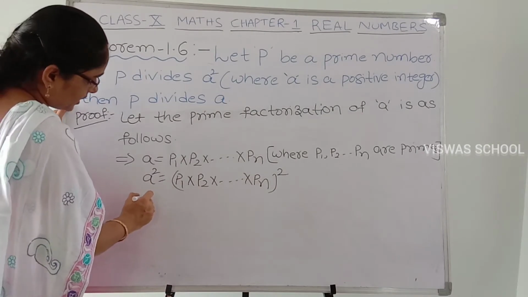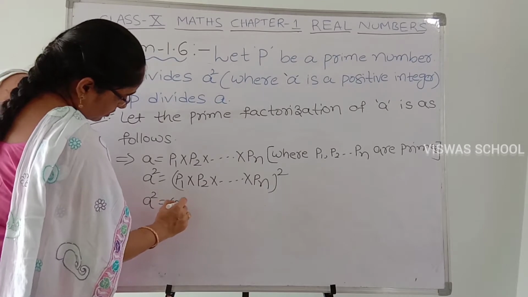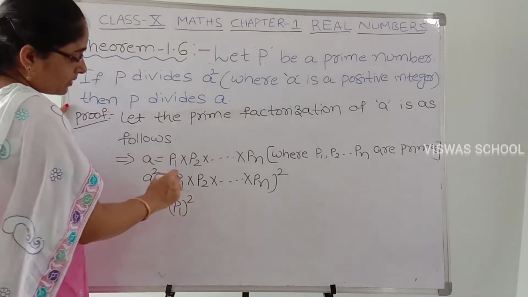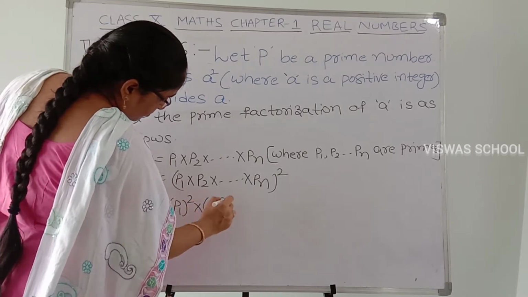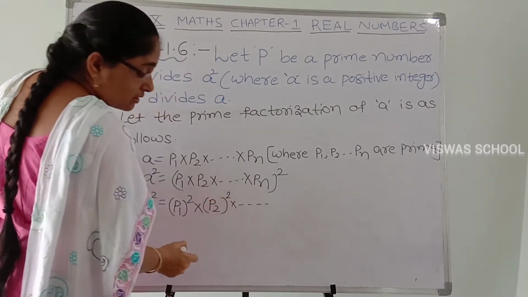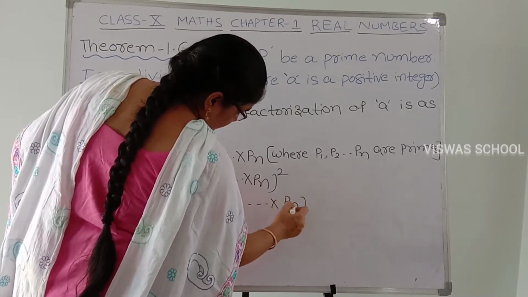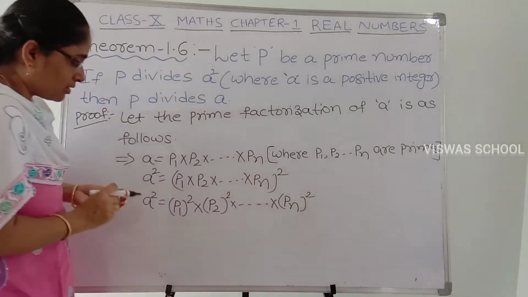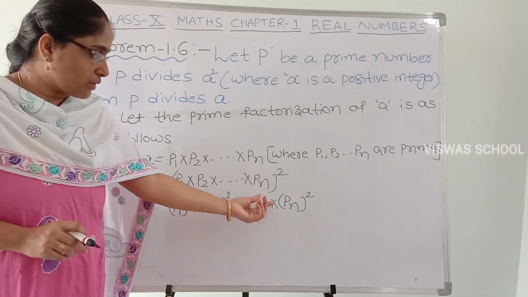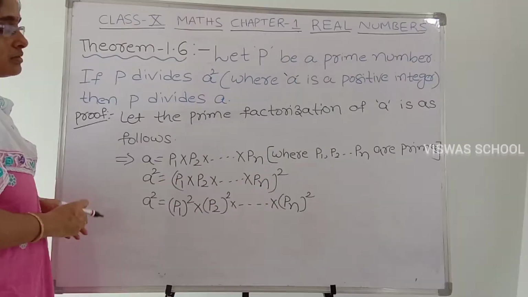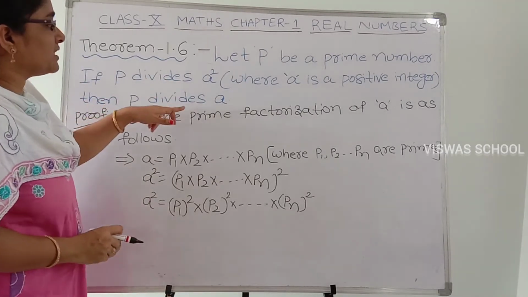That is, A square equals P1 square into P2 square into so on Pn square. Here, if P divides A square, then P divides A.